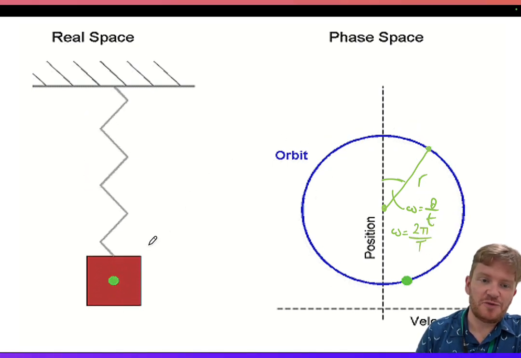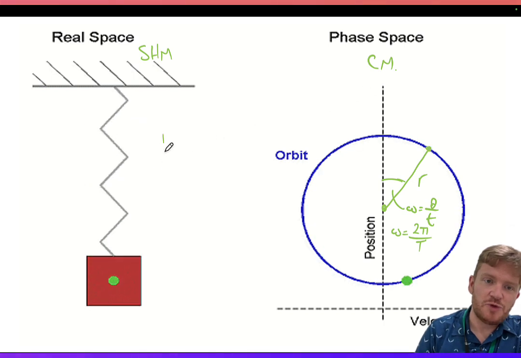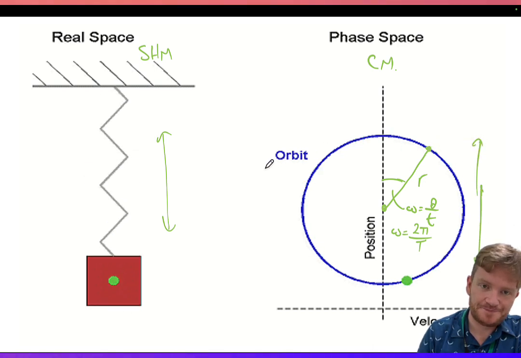Now there are loads of proofs that you can do, and we will do some of these in our lesson, that show that the movement of something undergoing simple harmonic motion, so this is SHM, simple harmonic motion, this is circular motion, the movement of this up and down is equal to the vertical component of this object.